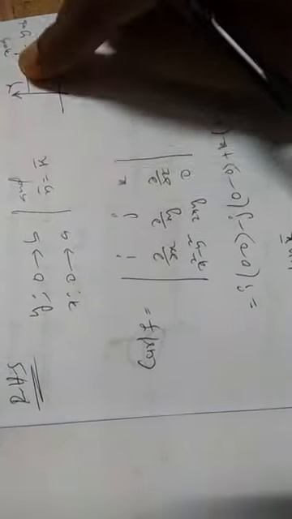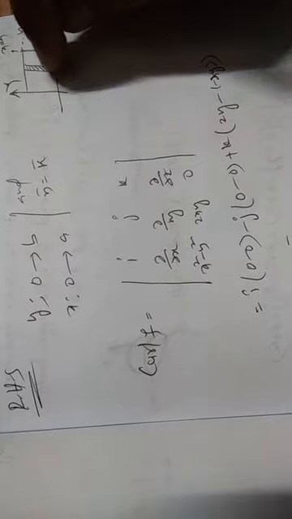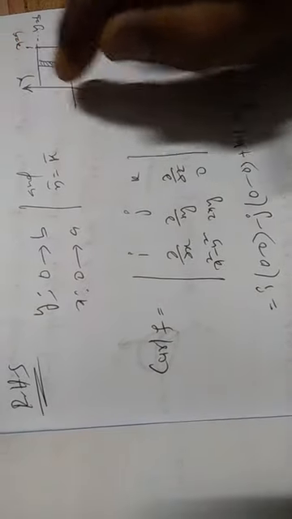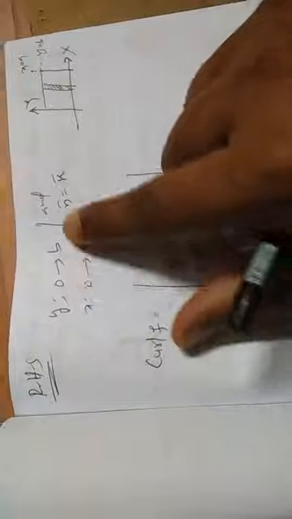For this surface integration we need to pick the limits to cover this region. y varies from 0 to b, and x varies from 0 to a. There is no curve, all are lines, so we simply have constant limits.